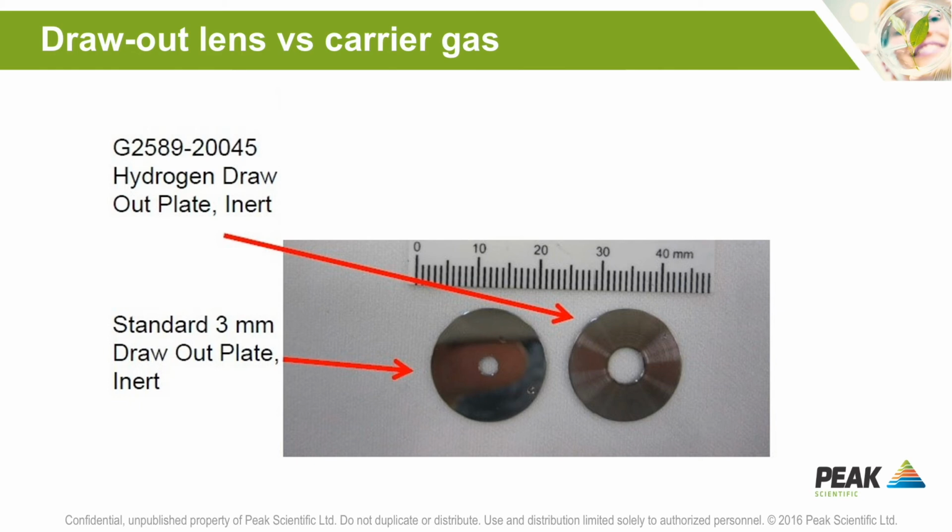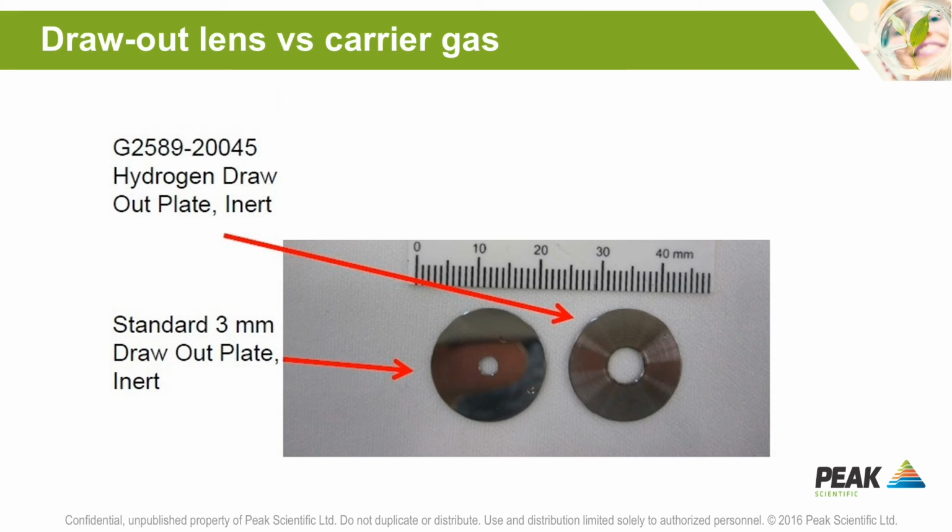On the newer Agilent GCMS, the 5977, there is an extractor lens, but it uses a similar principle, and again different sized orifices are available. So the standard size is the 3mm orifice, but there is a 6 and a 9mm orifice available. And for the purposes of this study, we used the 6mm orifice for hydrogen analysis and the 3mm for helium.